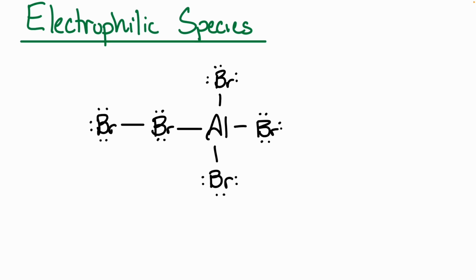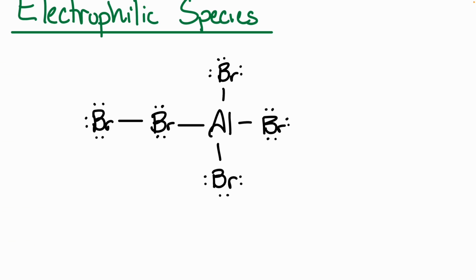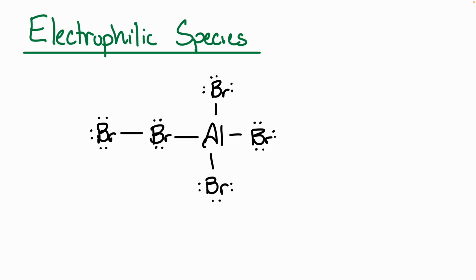I've got to be good with my charges here. My halogen in the middle has 2 bonds and 2 lone pairs. So that's how you would draw bromine with a formal charge of +1. And that aluminum, having accepted that extra pair of electrons, has a formal charge of -1.